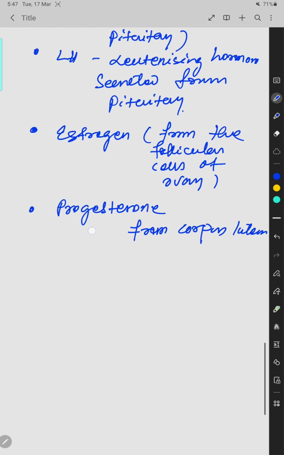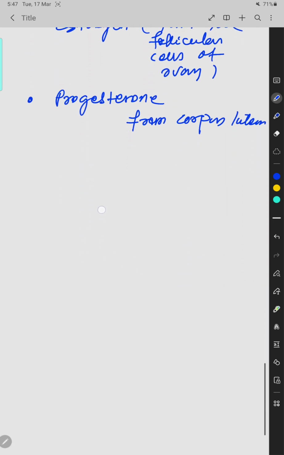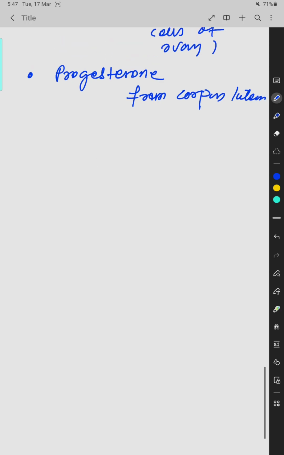Now let us see in different phases how the hormonal changes take place. So what is the first phase? First phase is menstrual phase.